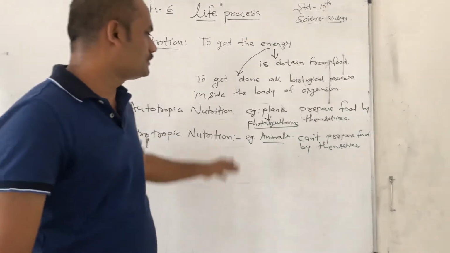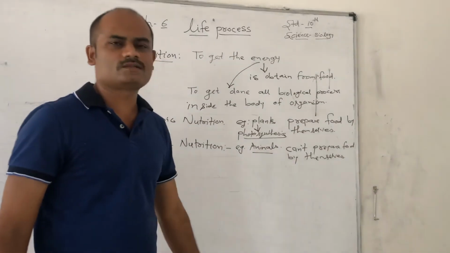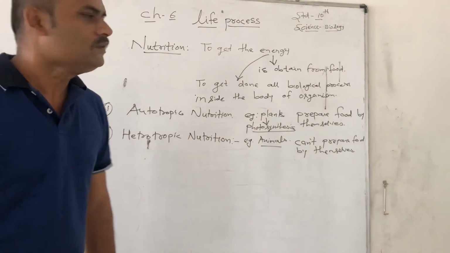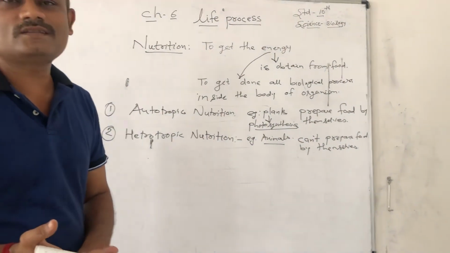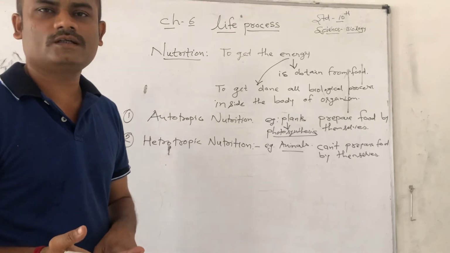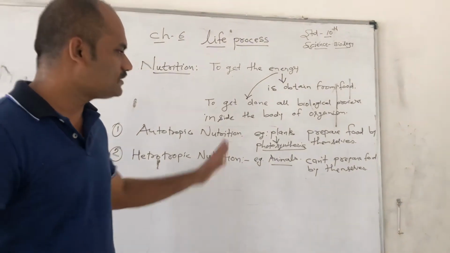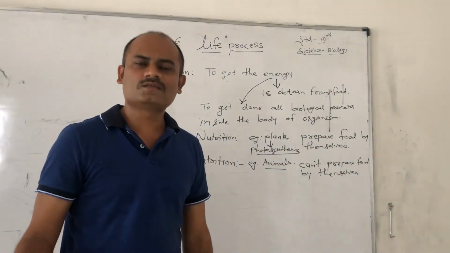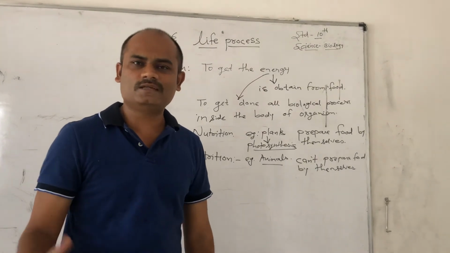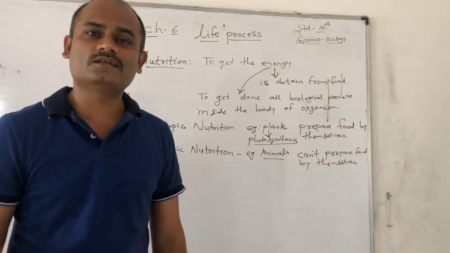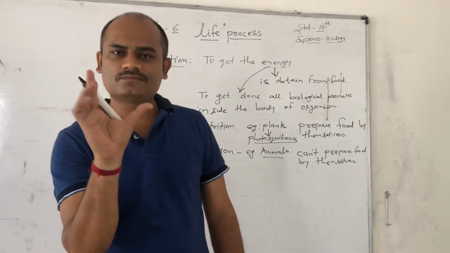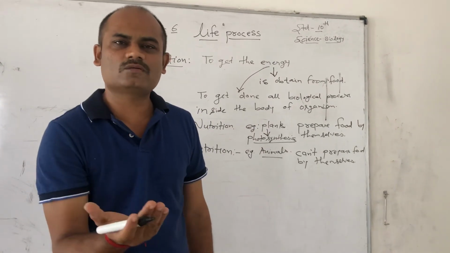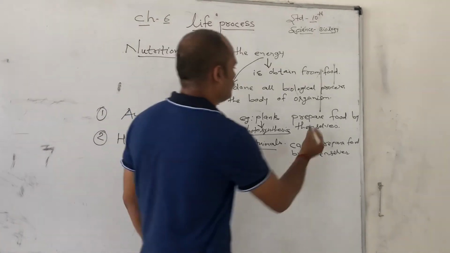Now we have to see this photosynthesis process in a little more detail. How does this photosynthesis process work? So sunlight, air, water and green plants. What does the green plant contain? Green plants contain chlorophyll inside them, and that chlorophyll is present inside the chloroplast. When you observe the leaf of a plant under the microscope, you can see a number of stomata.